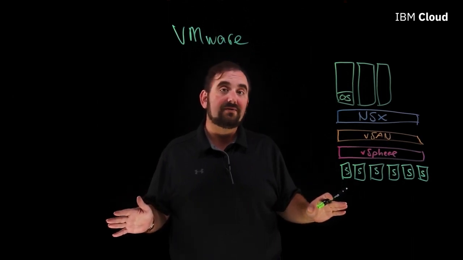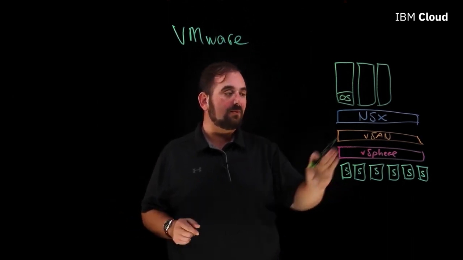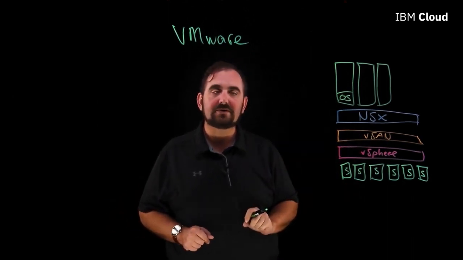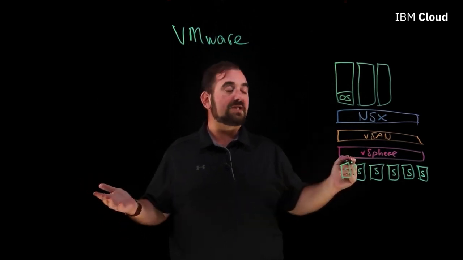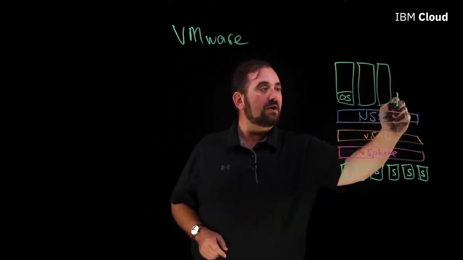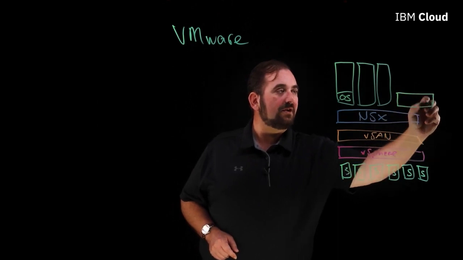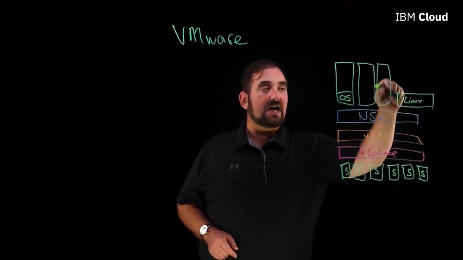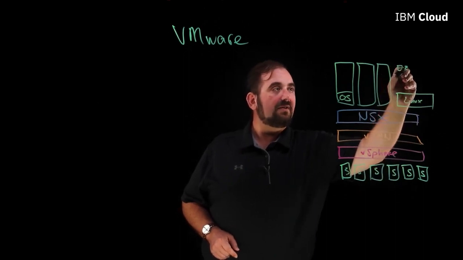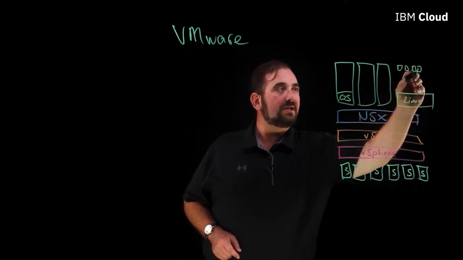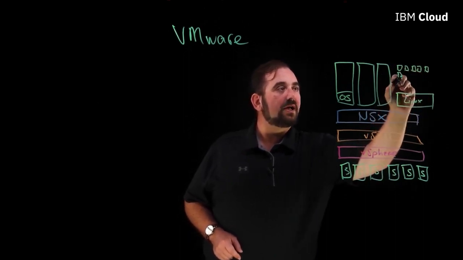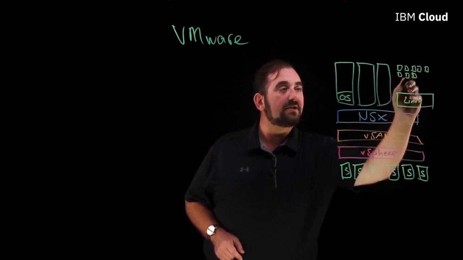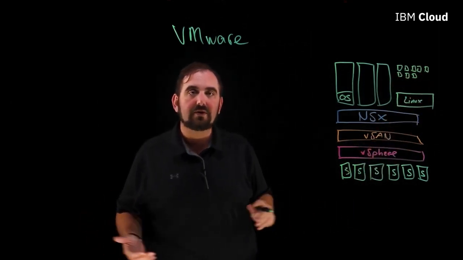Well, what if you're not doing a virtual server-based environment? What if this VMware cluster is going to be used for containers? Same general idea, right? So in that case, you're going to have your container kernel, your Linux kernel, and then on top of that container kernel, you're going to have your millions of little containers that you're creating and destroying and creating and destroying, and so on and so forth.